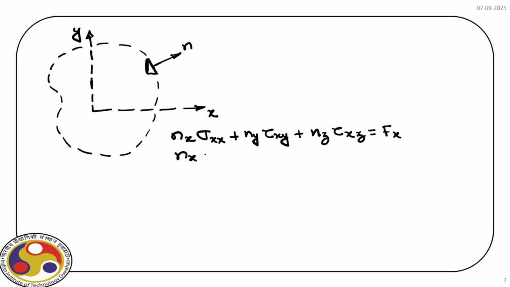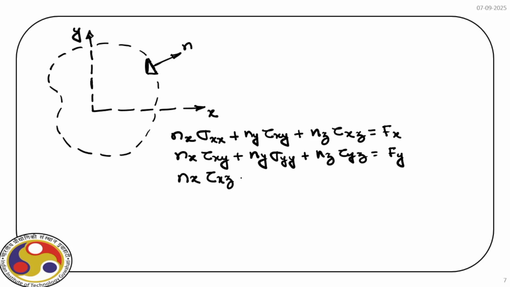Similarly, we have Nx times tau xy plus Ny times sigma yy plus Nz times tau yz is equal to fy. And the last one is Nx times tau xz plus Ny times tau yz plus Nz times sigma zz is equal to fz.